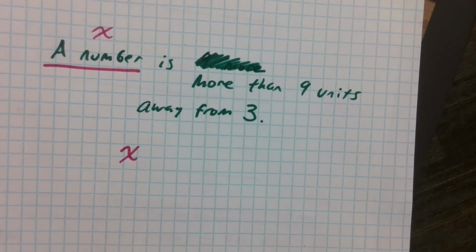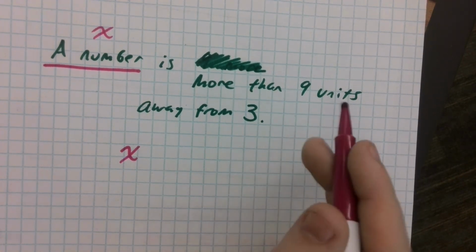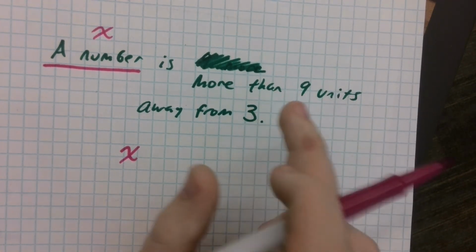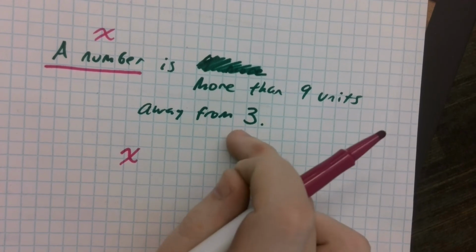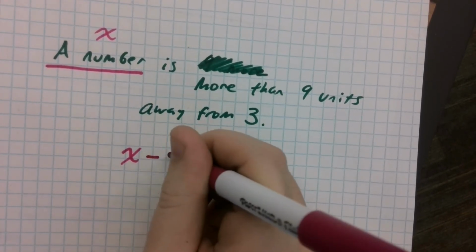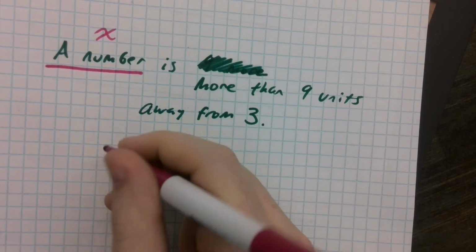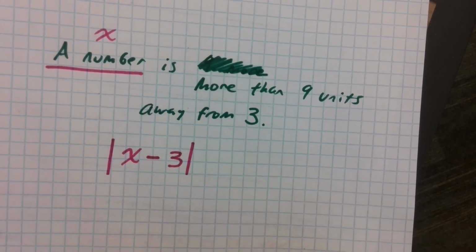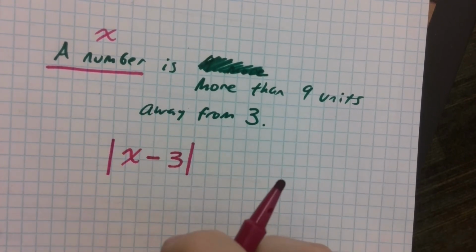It's more than 9 units away from 3. If we used our absolute deviation formula, we know that, hey, we could add 9 to 3, or we could subtract 9 from 3. But either way, 3 is our starting place. It's our given. To show this, we're going to write out x minus 3 in our absolute value brackets.